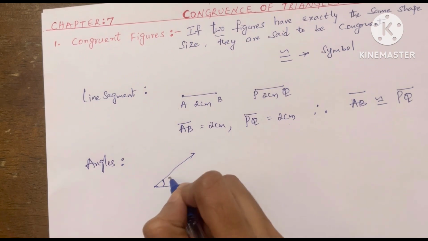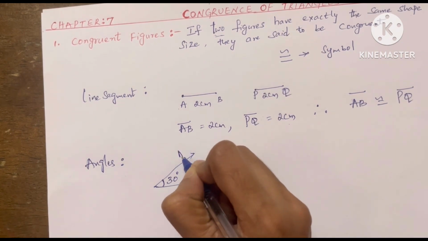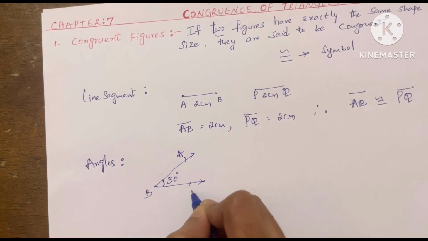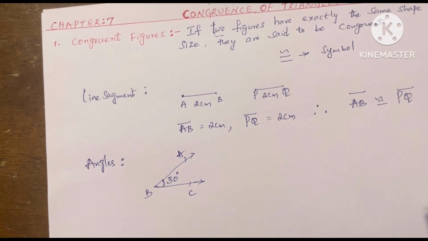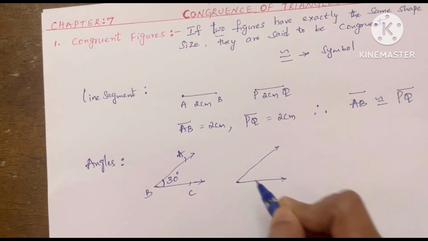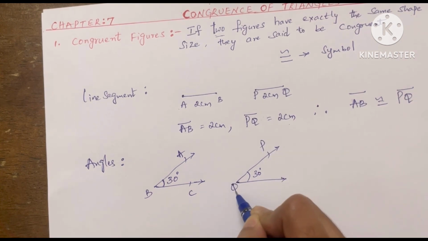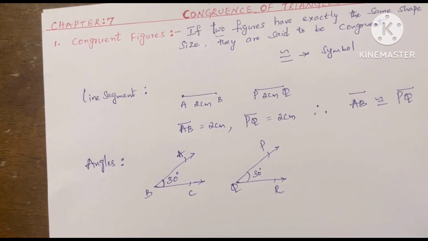Suppose this angle is 30 degrees. We have to name them. So I am saying this is A, this is B and this is C. And take one more angle. This is also 30 degrees. I can name it P, Q and R.